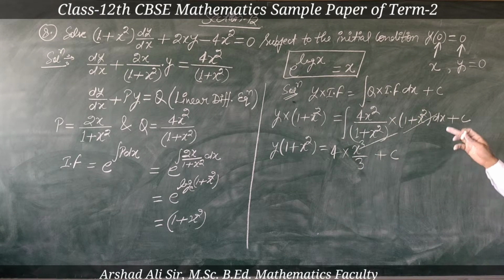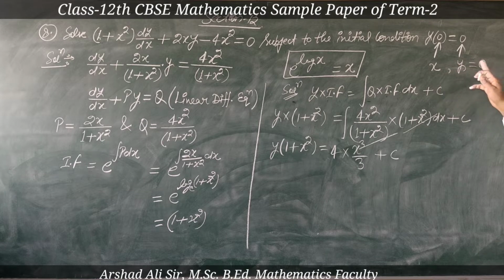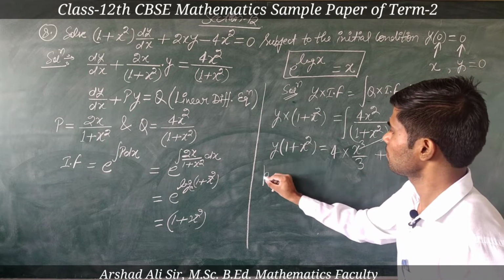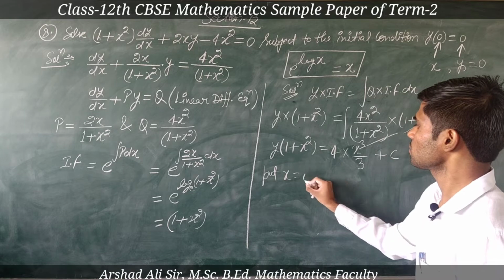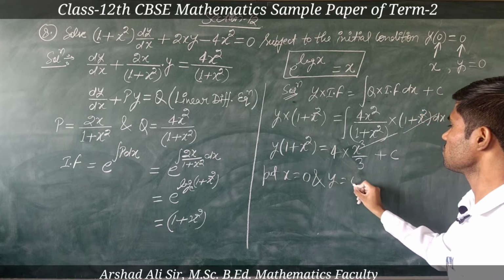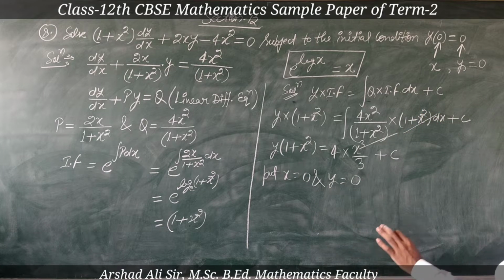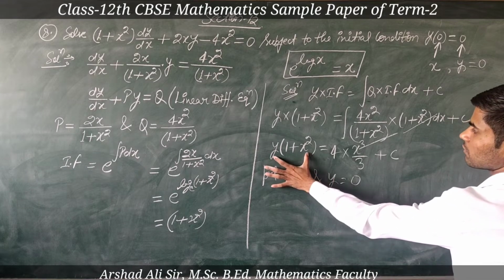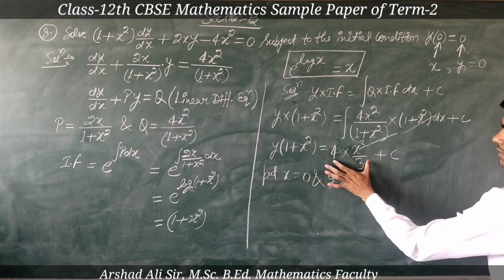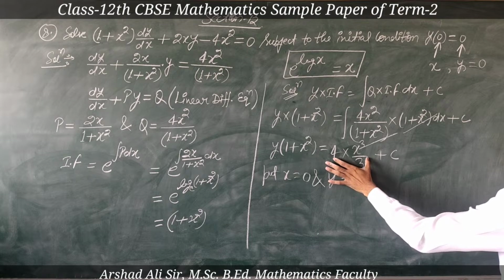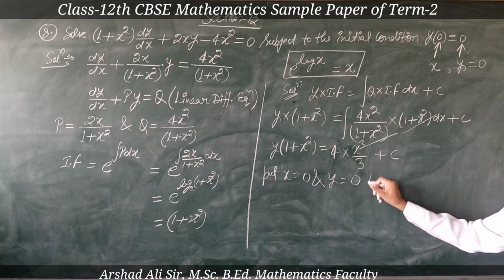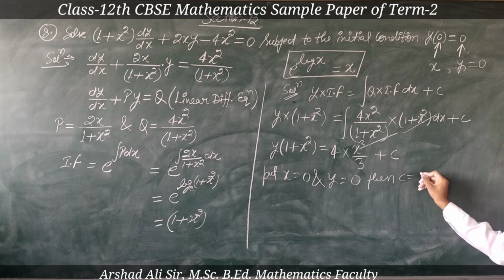So we can put the values of x and y: x is equal to 0 and y is equal to 0. When we put these, the left side will be 0 and on the right side the first term will also be 0. So we have c is equal to 0.